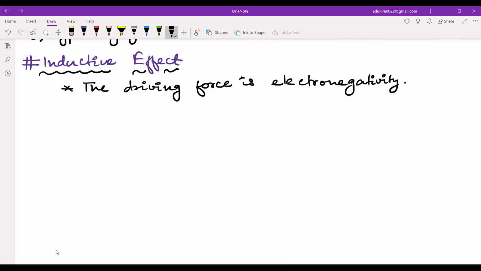Okay, the driving force of this inductive effect is what? It is electronegativity. Right? Now, what is inductive effect? Please write the statement.